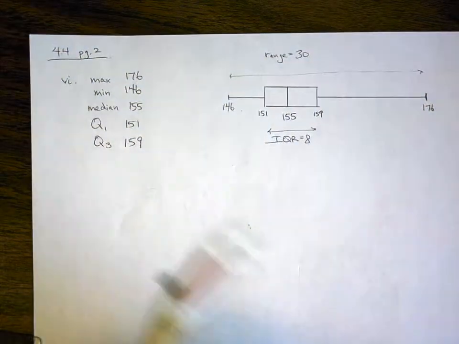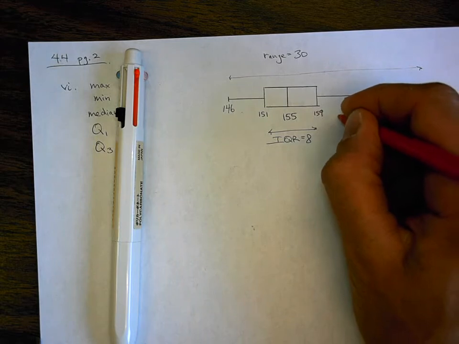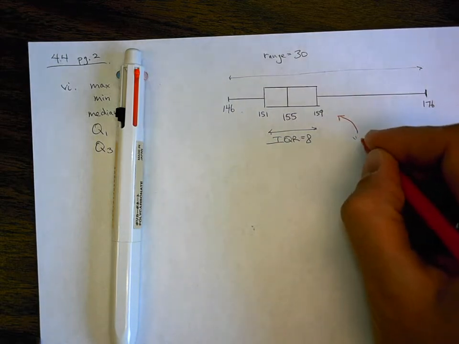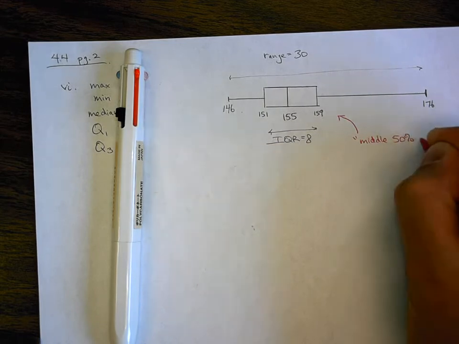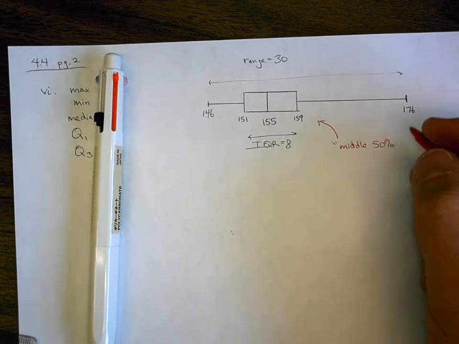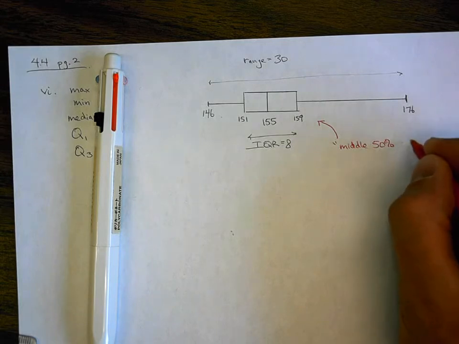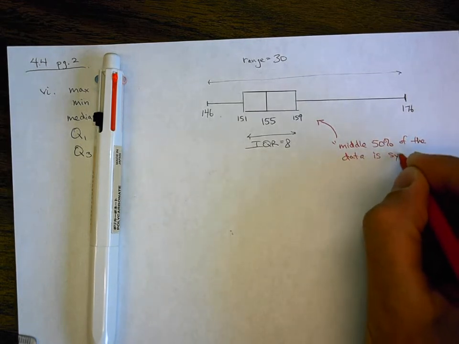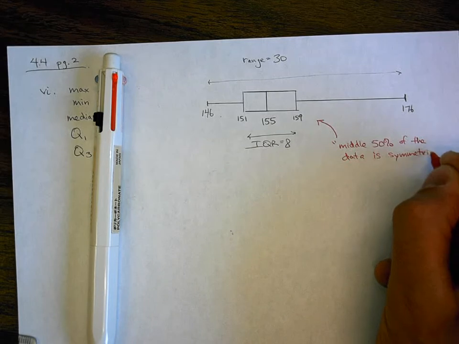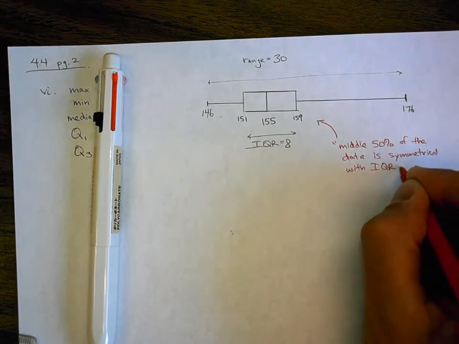If you wanted to analyze this, you could say the middle 50% of the data is symmetrical with an IQR of 8.